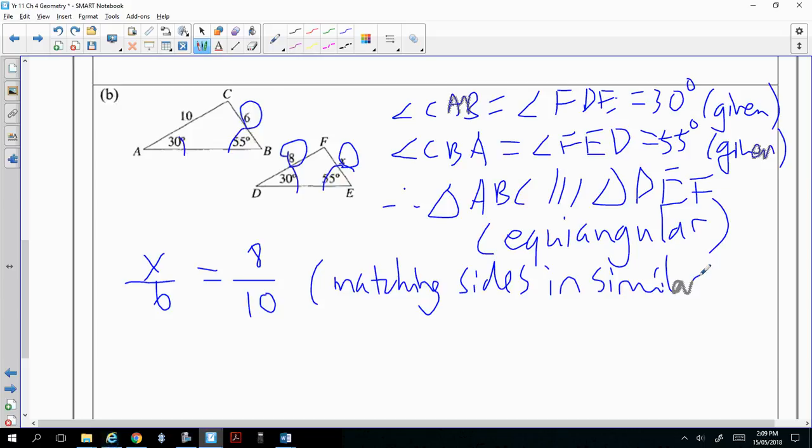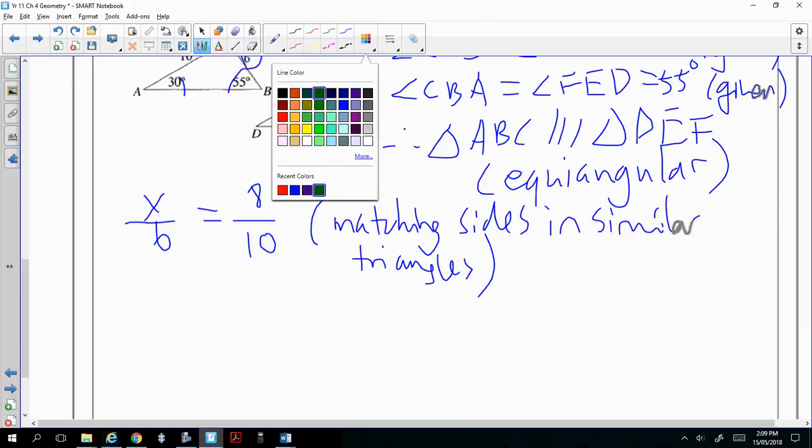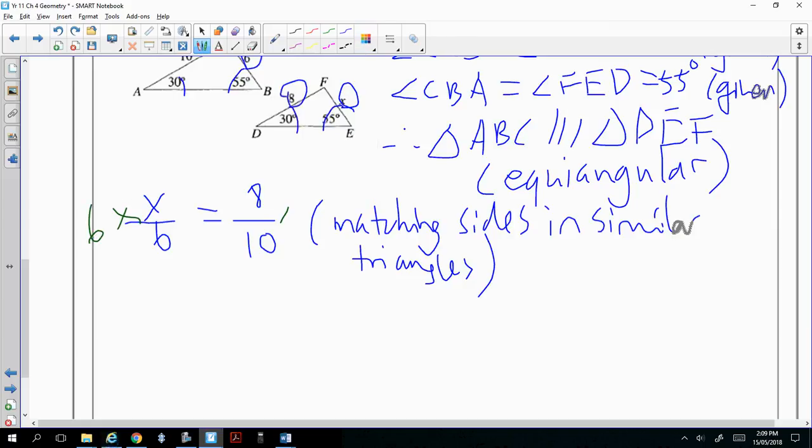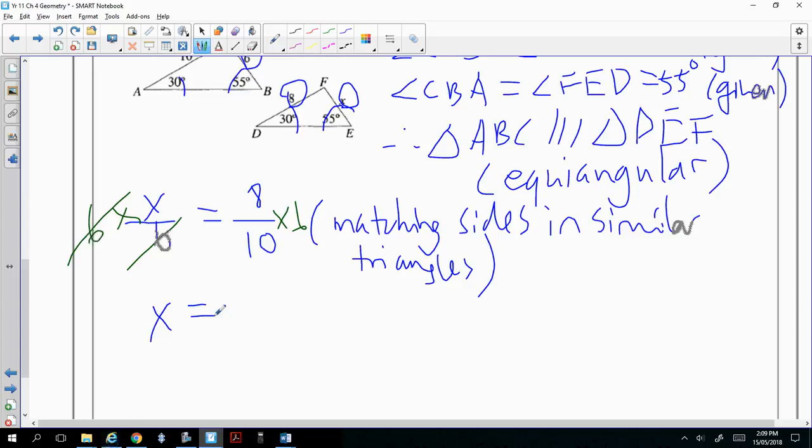You don't have to say are in proportion. Just say matching sides in similar triangles, so we'll know that you use that rule. And to find x, all you have to do is multiply both sides by 6, like we solve the equation. So therefore, x equals 2 point, what do you say? 4.8? Okay, 4.8. Good. Done.